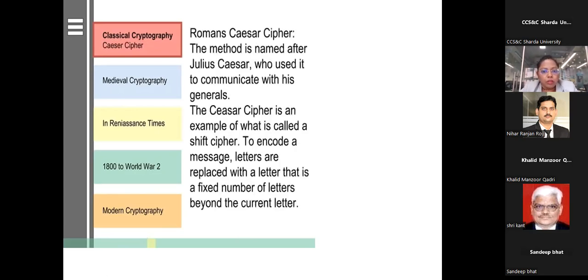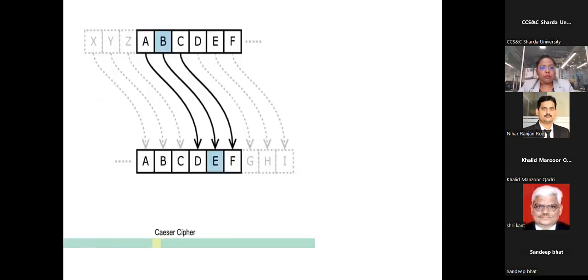And then the method named after Julius Caesar, who used it to communicate with his generals. The Caesar cipher is an example of what is called a shift cipher. To encode a message, letters are replaced with the letters that are a fixed number of places beyond the current letter. You can see the example.